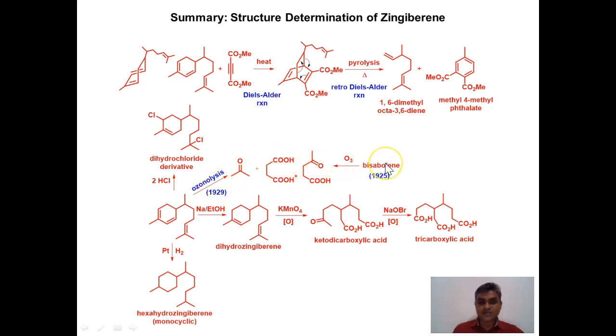Similar results were obtained from bisabolene. KMnO4 oxidation and then followed by haloform. The haloform reaction gives us a clue to put a double bond attached to the methyl group, and that's why, since we have kept a double bond here, it is possible only when we assume the structure of gingiberine in this way. This is a Diels-Alder reaction we have just discussed earlier.